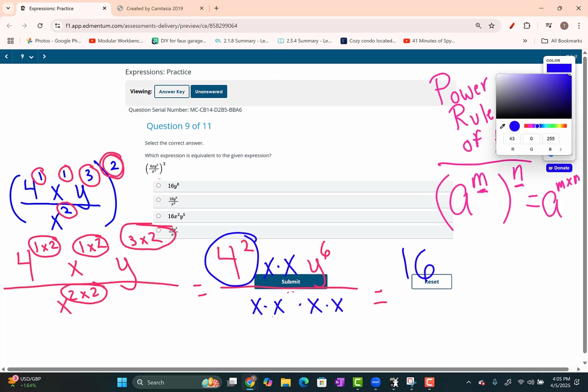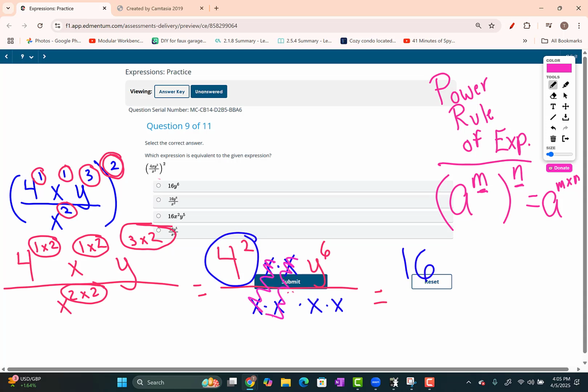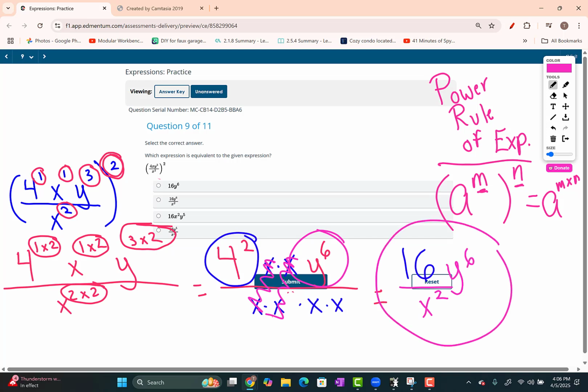So if we think about it that way, how many of those x's are going to cancel out? Well, this x is going to cancel out and divide out, and so is this one. And what do we have left? We have x times x, or in other words, x squared, but it's in the denominator. And then finally, we have this y to the 6th all by itself at the top. That's our answer choice.